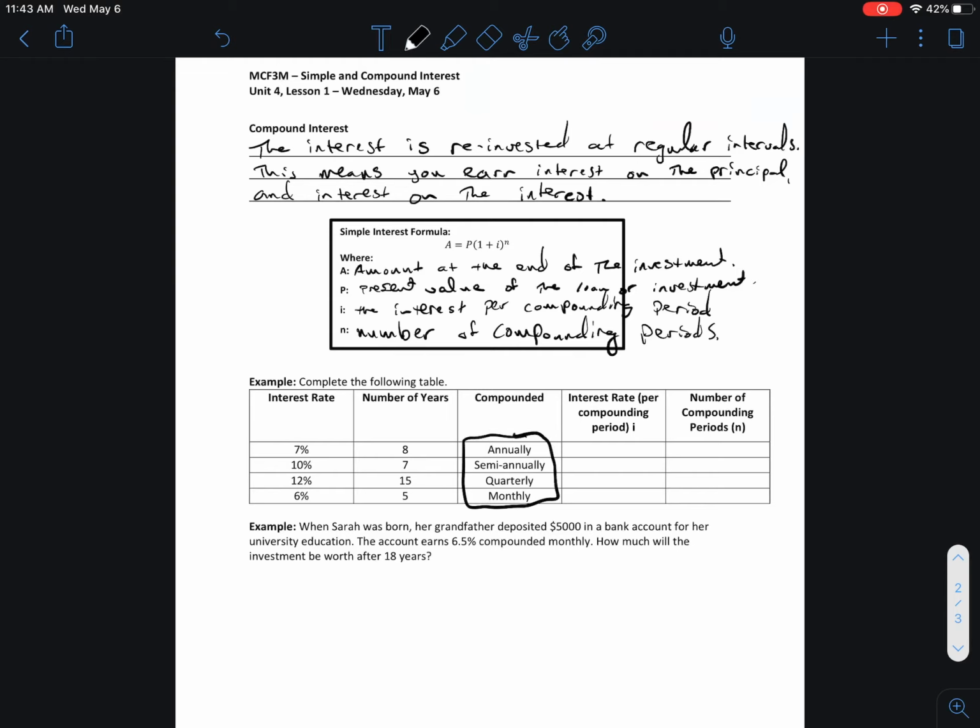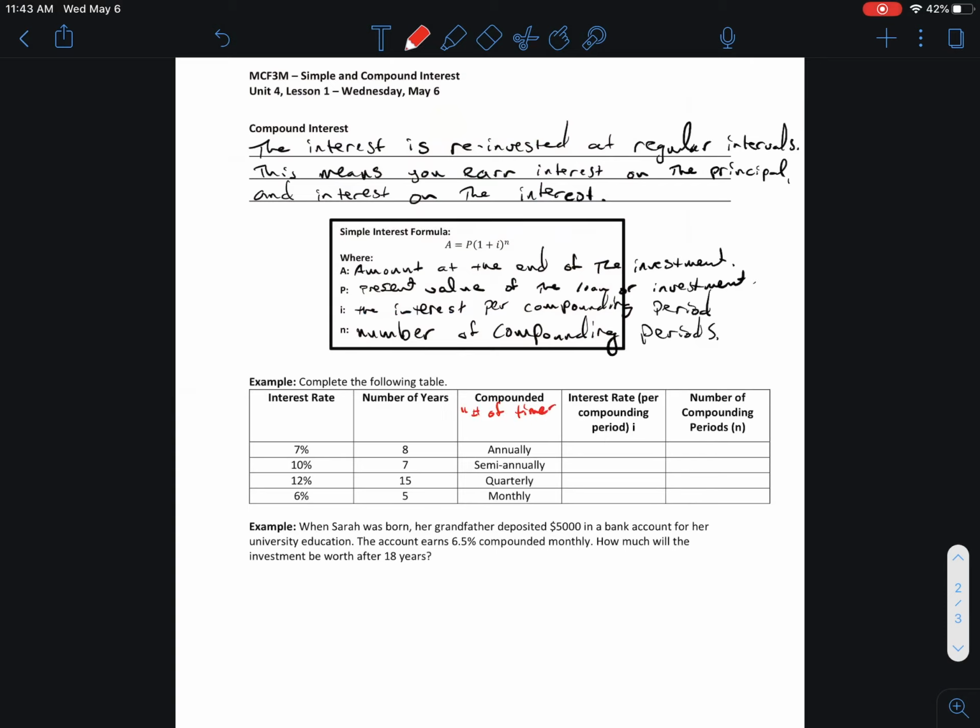Okay, so let's come down here. We'll take a look at this table, okay? And really the key to these questions is the wording. So you got to be careful when you read the questions, right? It's going to tell you the number of years that something is invested for, right? And the number of times that you earn interest is basically what compounded means, right?